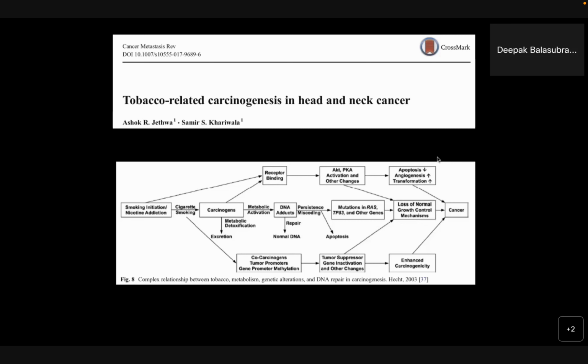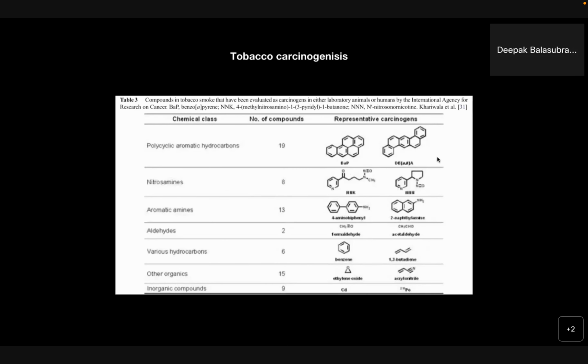Cigarette smoking can act without the DNA adducts by promoting tumor and gene promoter methylation. There is tumor suppressor inactivation and enhanced carcinogenicity. Or the carcinogen can bind with a receptor, activate the proto-oncogenes, and result in loss of apoptosis, increase in angiogenesis, and transformation. So cigarette smoking has three main pathways: either receptor binding, or tumor promotion, or DNA adducts.